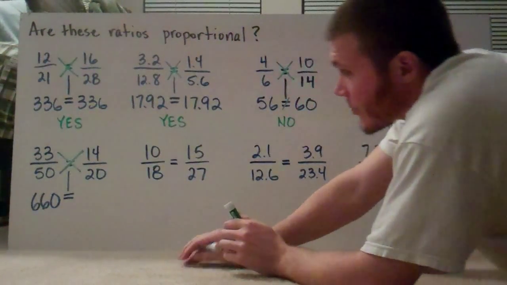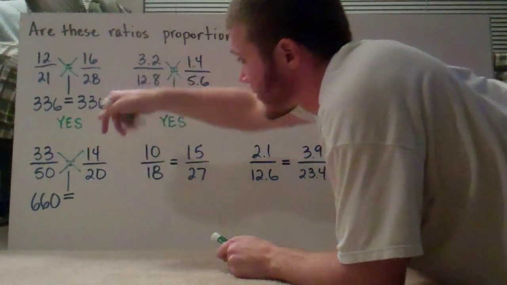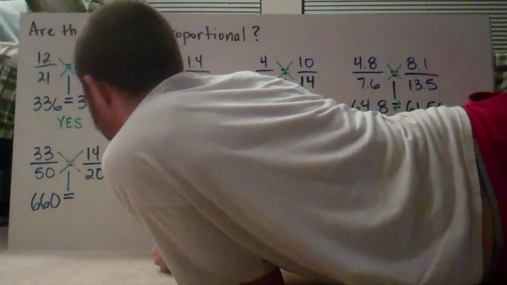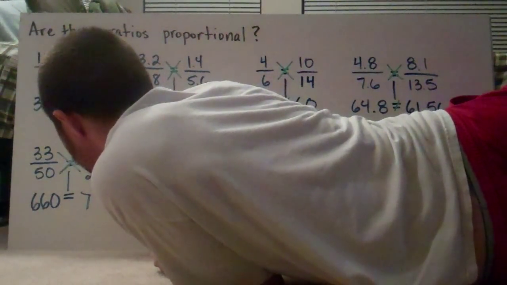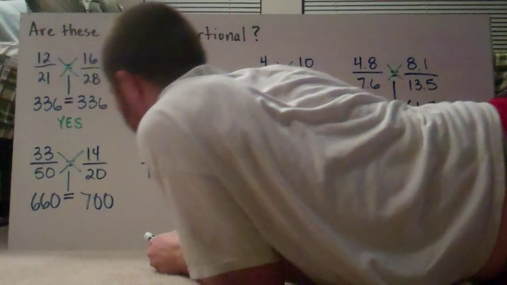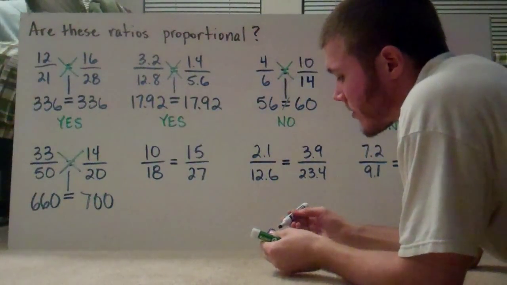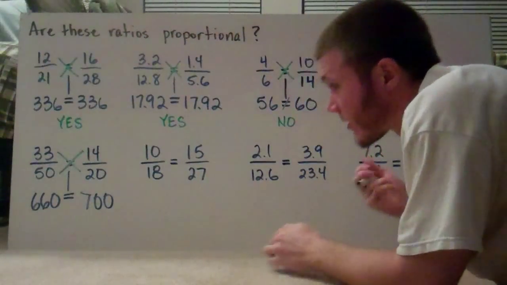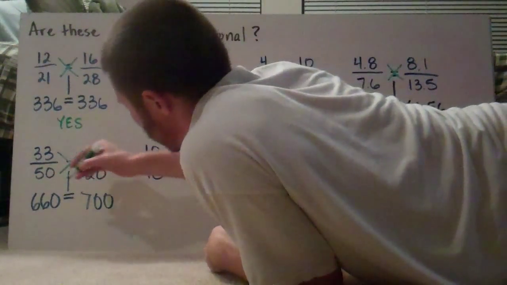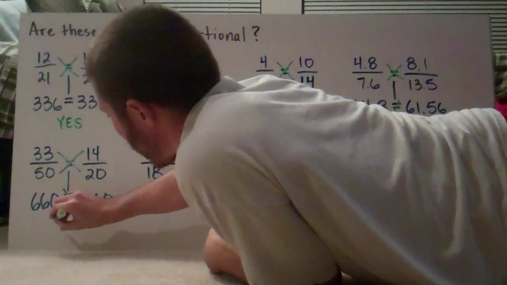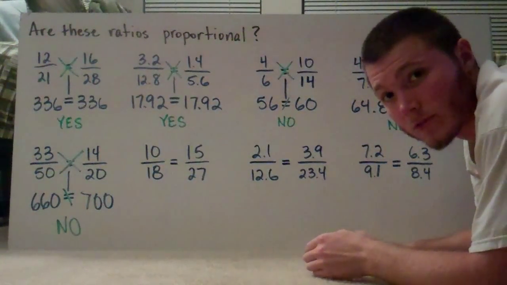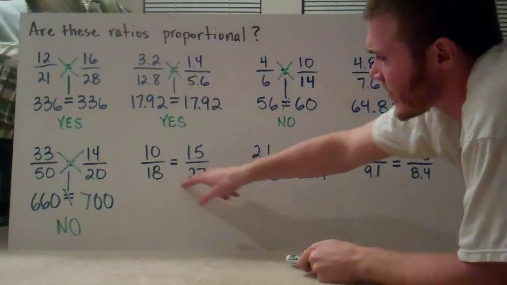And when I do 50 times 14, I'm going to get 700. Alright, and are those two values equal to each other? No, they're not. Since they're not equal to each other, they are not proportional.